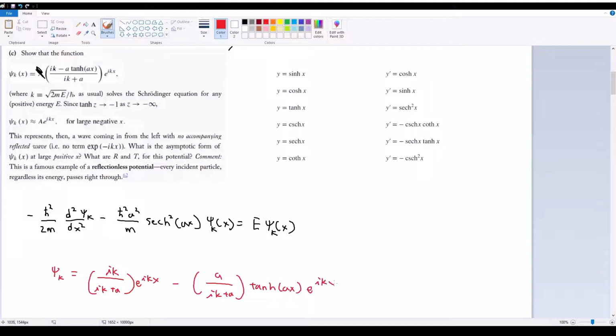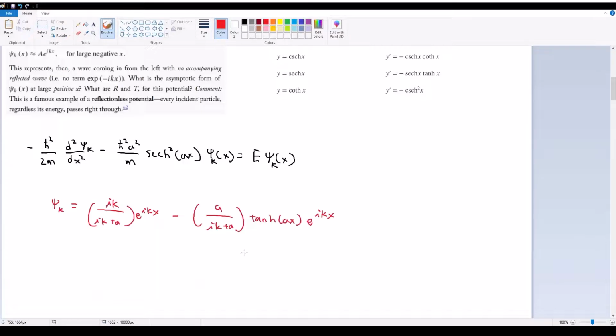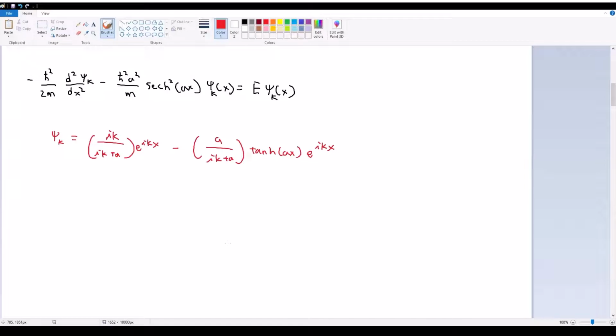And this is going to make my calculations a tiny bit easier, because I've split this into two things that are more easily manageable than one big thing.